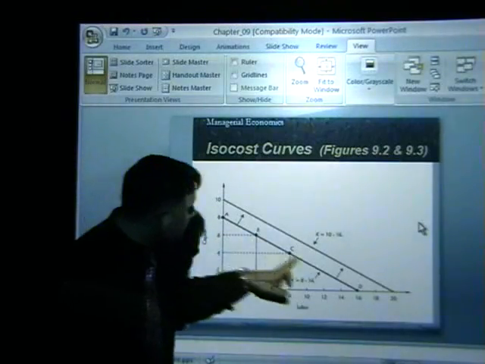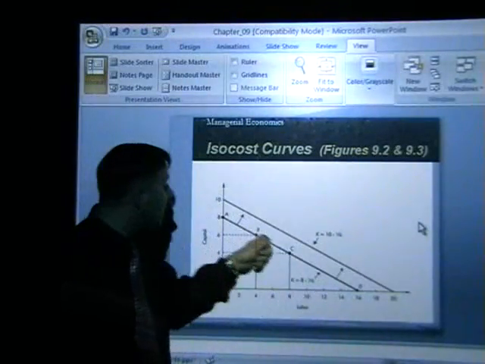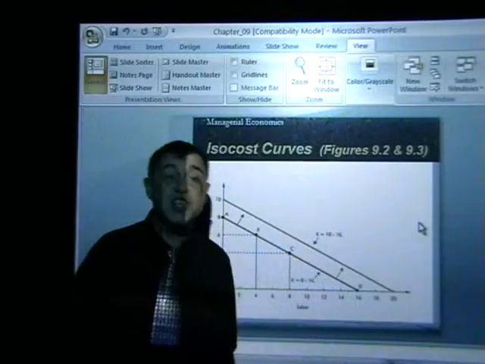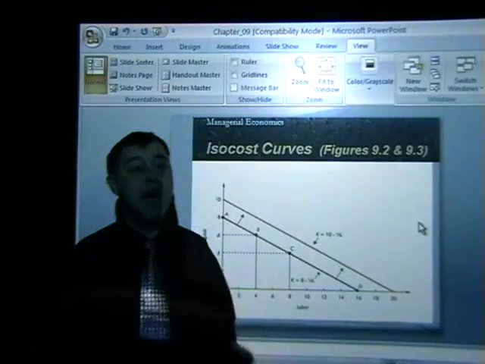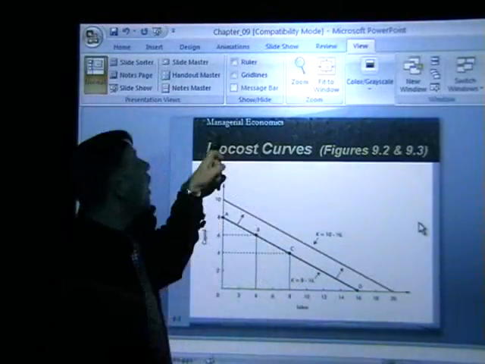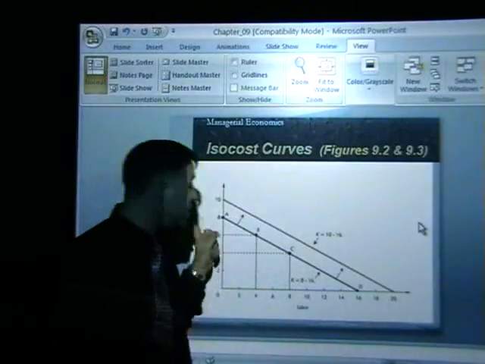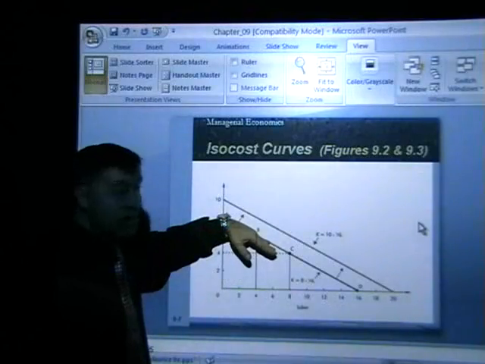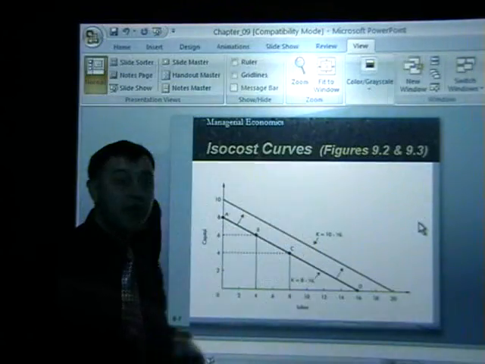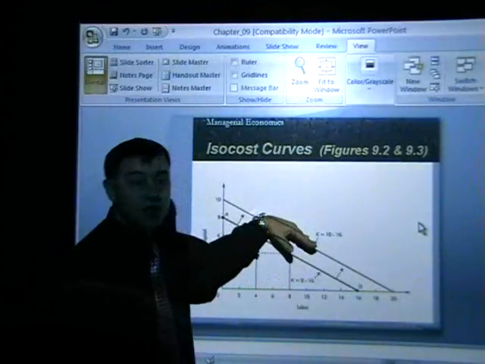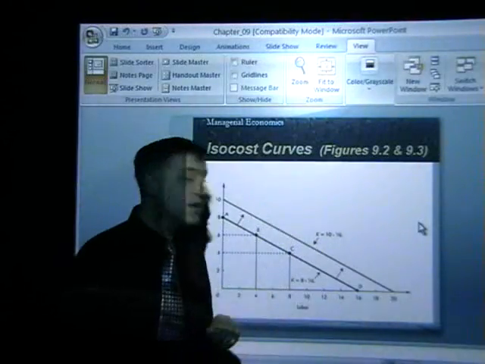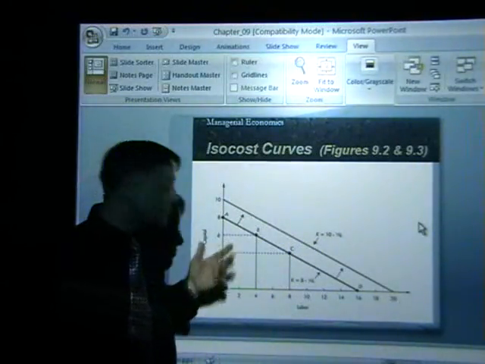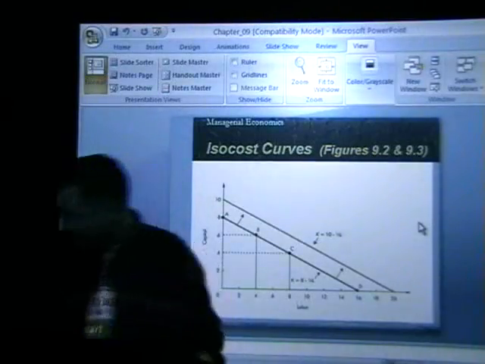And then the points in between represent various attainable combinations for the same amount of money, for the same costs associated with these inputs. Well, this represents one cost level. The next curve represents a different, higher cost level, and it's as simple as that.